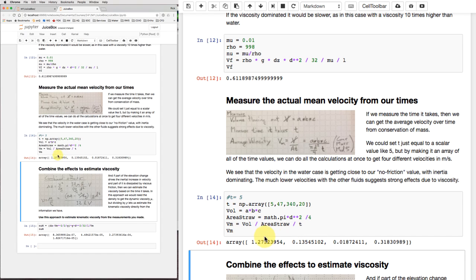So although there may not be very much friction in this case with the water, there's a lot of friction causing the flow to be slower in the other cases, and we can get some estimates of the viscosity based on these calculated velocities.